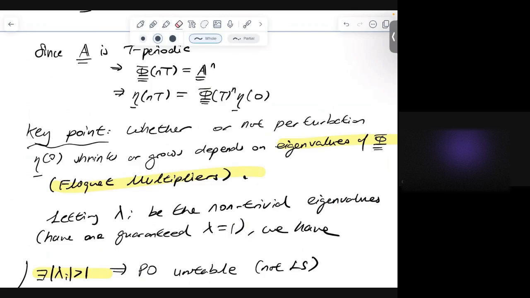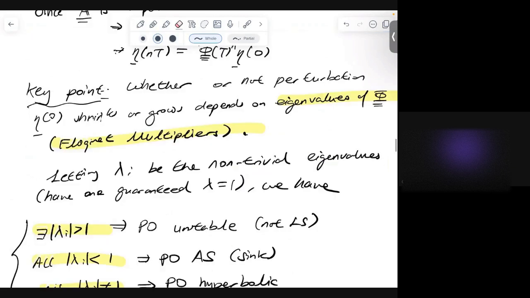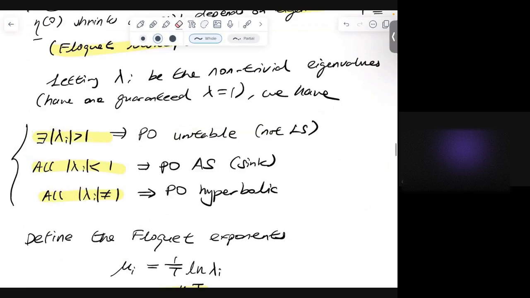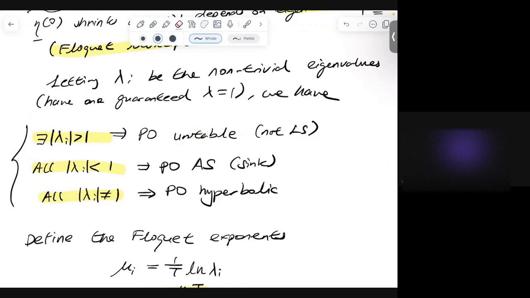These eigenvalues are going to be called Floquet multipliers from now on. So we'll let lambda i be the non-trivial eigenvalues. We're guaranteed one eigenvalue, which is just 1. Then if there exists an eigenvalue with modulus greater than 1, then the PO is unstable.